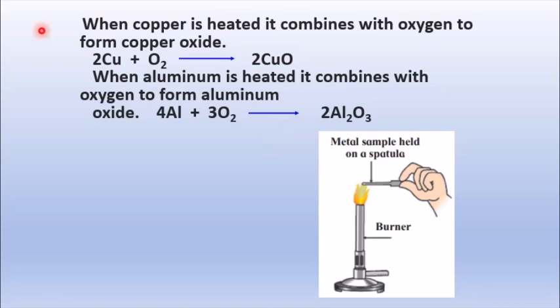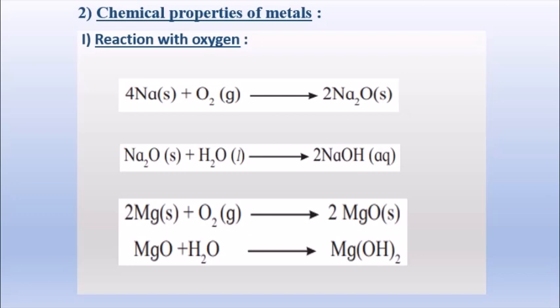So from the last experiment, we could find out that when metals react with oxygen, they form metal oxides. So the first property that we are going to learn is about the reaction of metals with oxygen. When metals react with oxygen, they form metal oxide. If we take sodium, when sodium combines with oxygen, it forms sodium oxide.